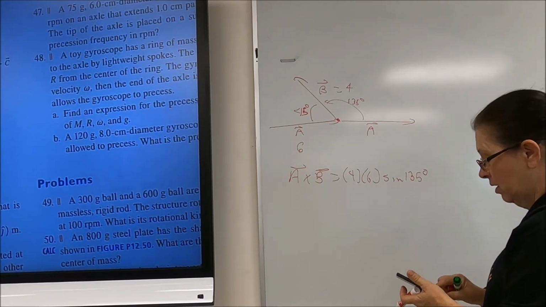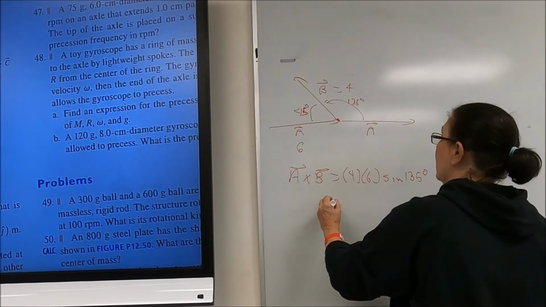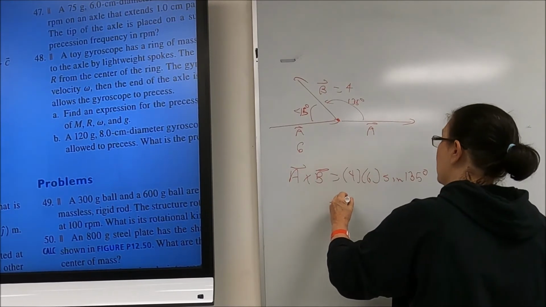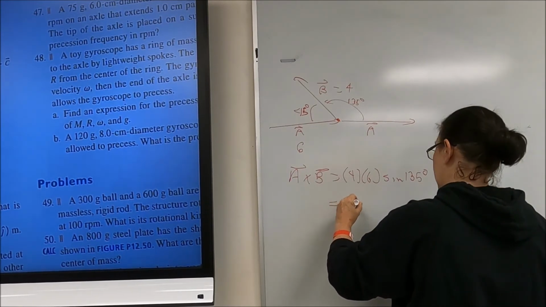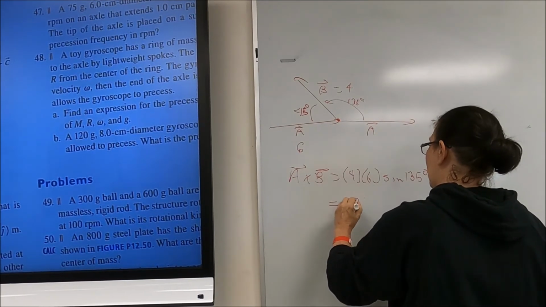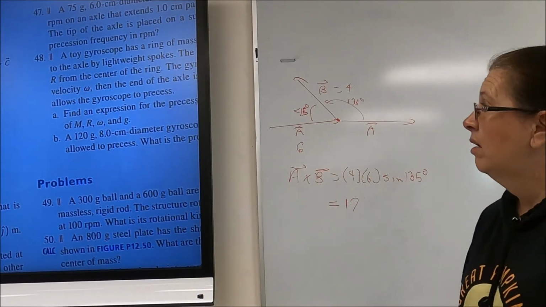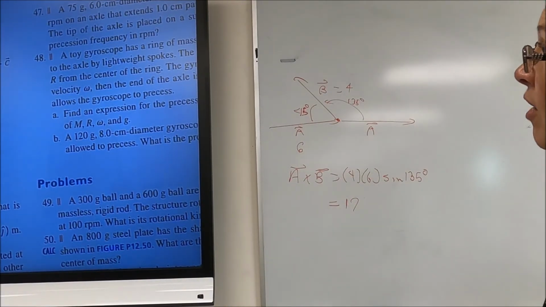So 4 times 6 times sine 135, and I get 16.97, so 17 as the cross product.